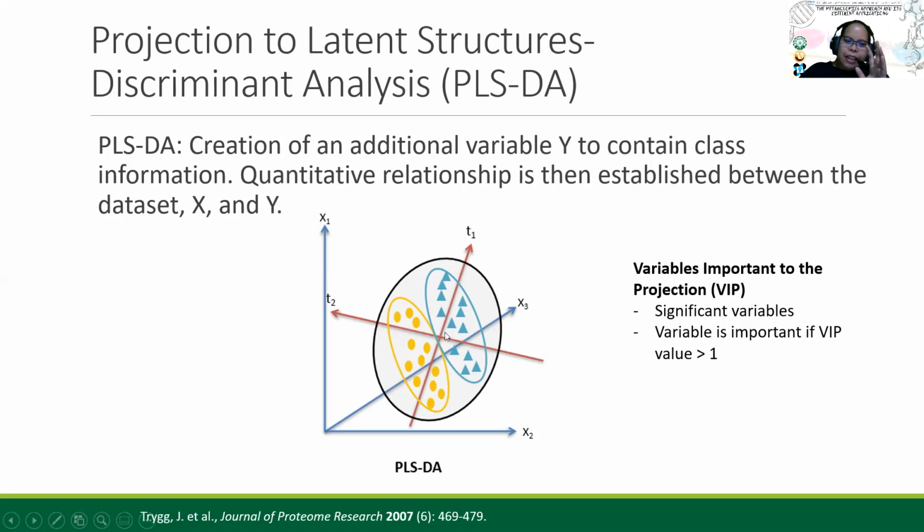So hindi siya directly nasa along T1, hindi siya along T2, not clean cut along T3. So there can be medyo hindi clean yung separation, hindi madaling ma-identify kung ano ba yung mga variables that are contributing to the differentiation of your samples, kasi medyo hindi clean cut yung separation of your variables across the different latent structures.